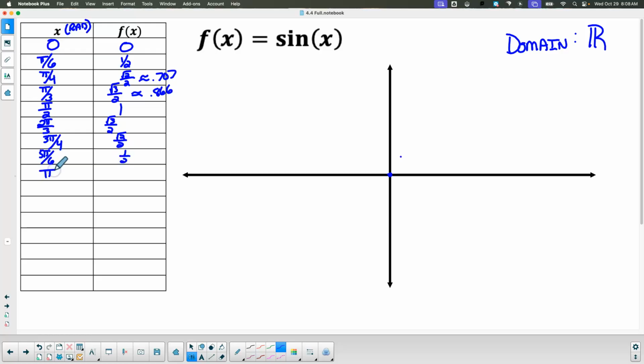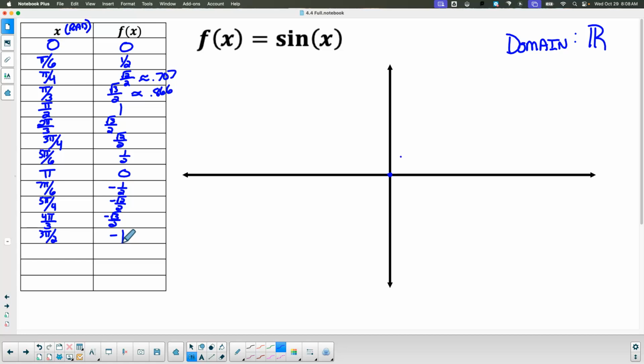Pi. 7 pi over 6. 5 pi over 4. I had to think there for a minute. Negative root 2 over 2. So that's going to be our negative 0.707. 4 pi over 3. Negative root 3 over 2. Negative 0.866. 3 pi over 2.